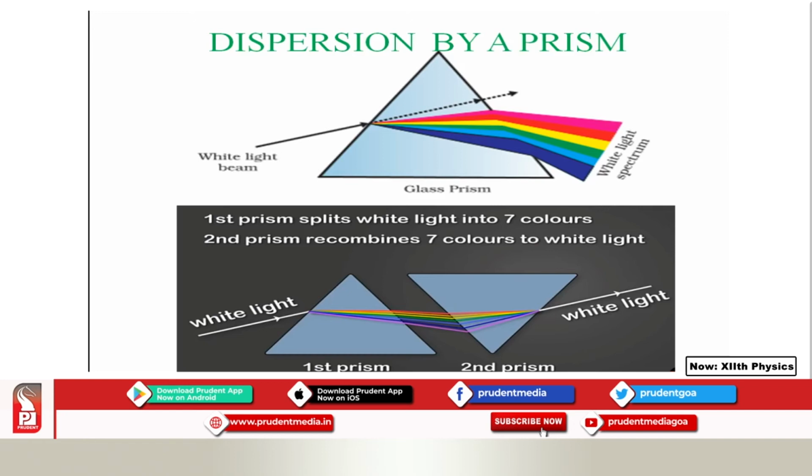I have the white light coming, and we know there will be dispersion of light, and when the inverted prism is just kept in this form, all the 7 colors will emerge as the white light all over again. So, this experiment confirms that prism only splits up the colors which are already existing in the white light.